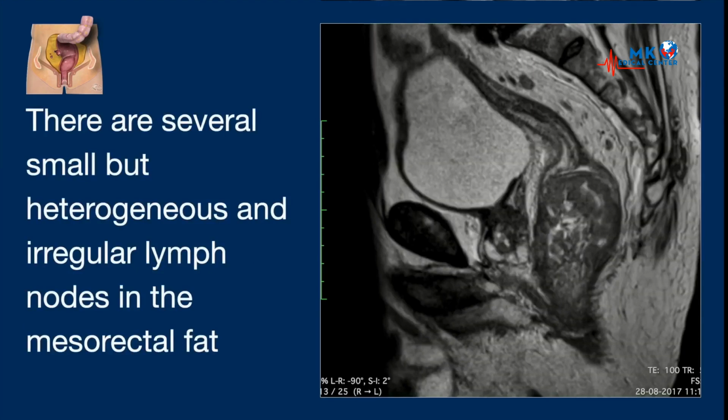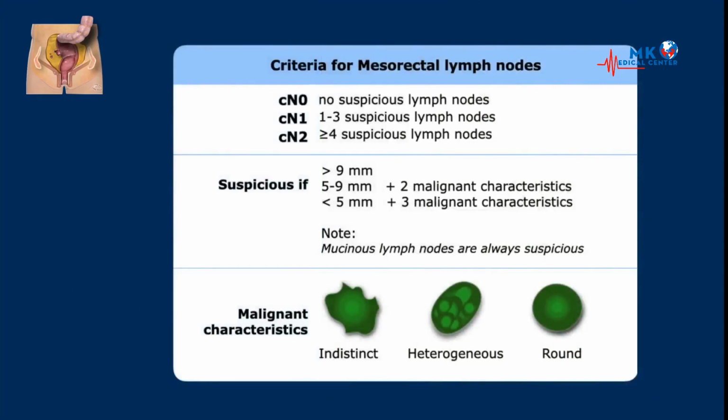There are several suspicious lymph nodes because they are heterogeneous and irregular, and they are located in the mesorectal fat. Mesorectal lymph nodes are suspicious when they have malignant characteristics. For instance, when they have an indistinct border, or when they are heterogeneous, or when they are round.